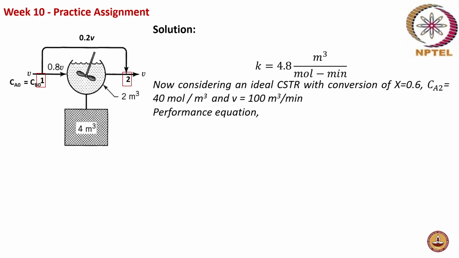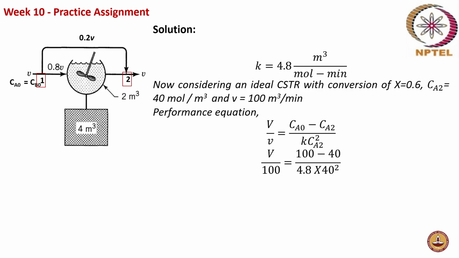So again, the performance equation of the CSTR: V by v0 is equal to Ca0 minus Ca2 divided by K into Ca2 square. We have to find V, and v0, the volumetric flow rate, is again 100, is equal to Ca0 is 100 minus Ca2, the final output concentration, which is 40 mole per meter cube because the conversion is 60%, divided by K into Ca2 square.